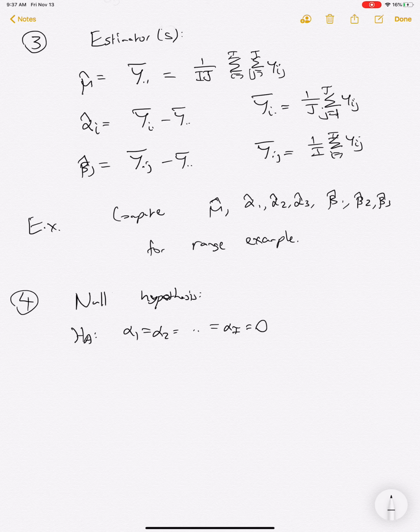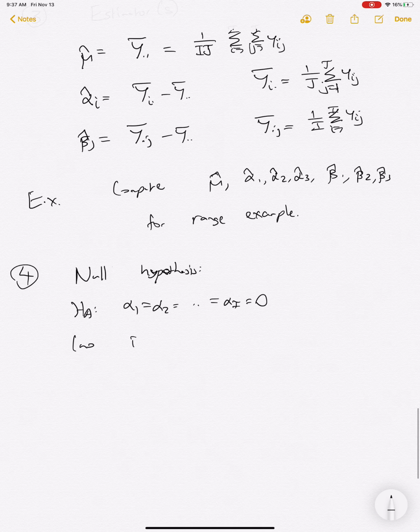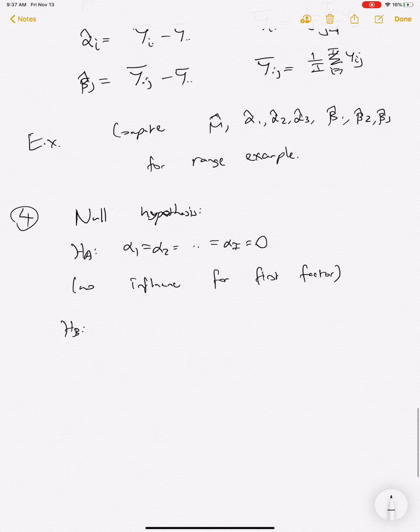That's just saying that there's no influence for the first factor. And then there's also the null hypothesis that there's no influence for the second factor. You can certainly put these together quite easily and just say no influence for either factor, and the testing procedure follows pretty naturally from there.